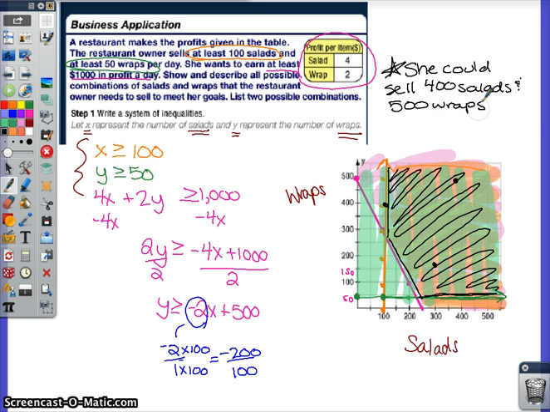And our ordered pair for that would be 400, 500. Or 300 salads and 200 wraps. You could pick any points in that shaded region.